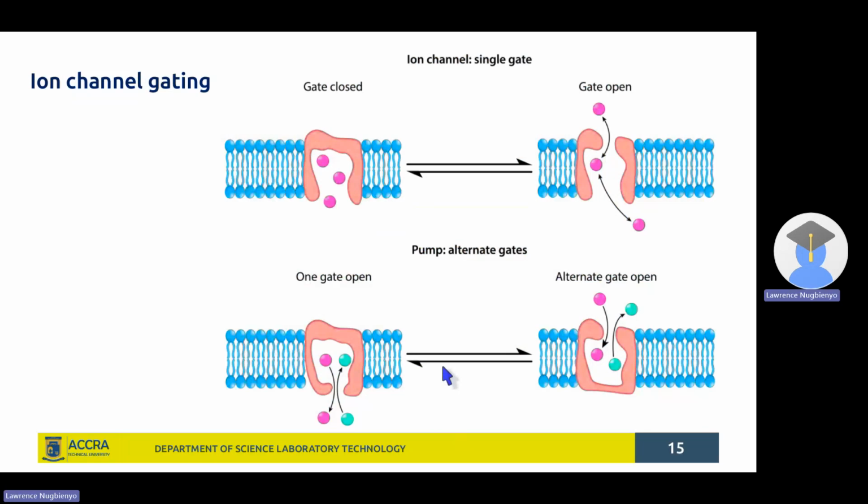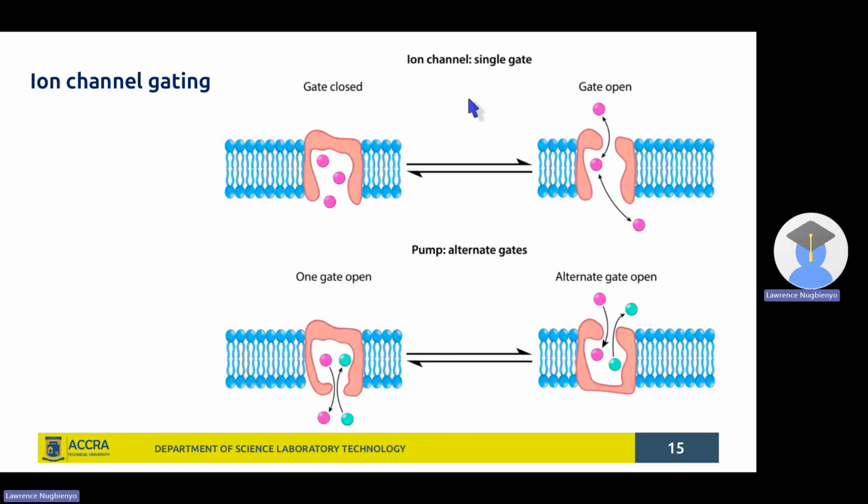Now we do have what we refer to as ion channel gating. In the examples we saw much earlier with some transport proteins, you could have one side of the channel closed while the other opens. And here we have what we refer to as a single gate.